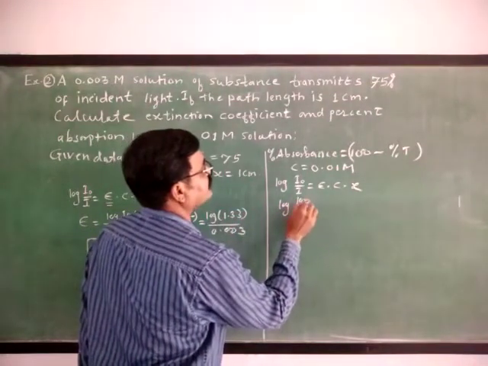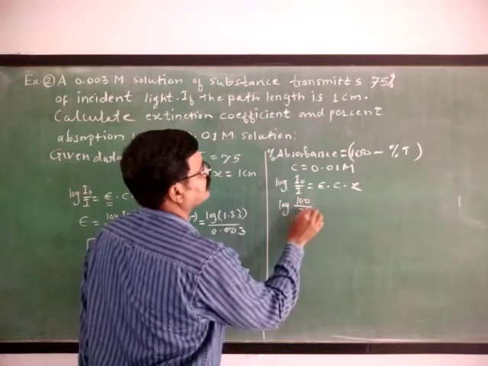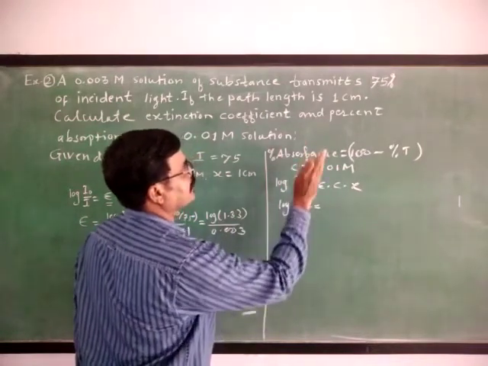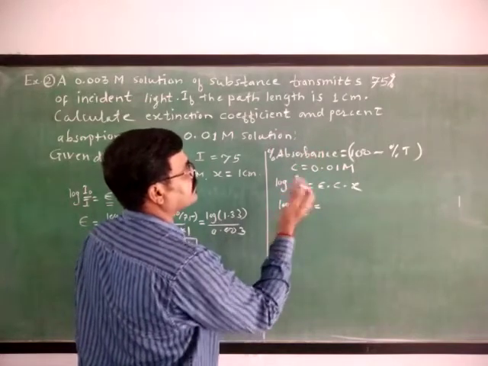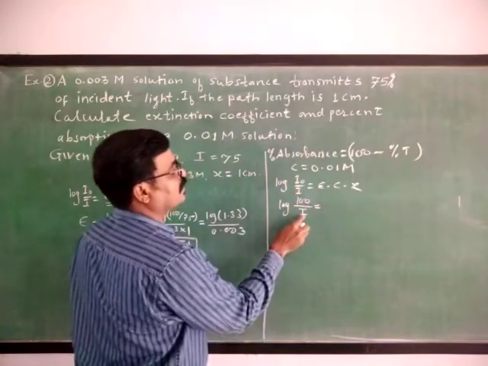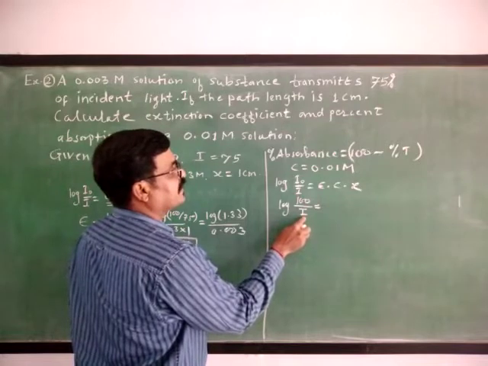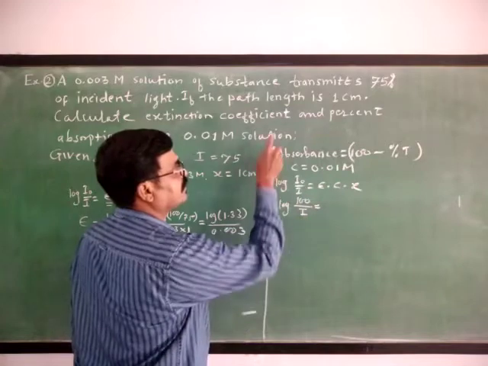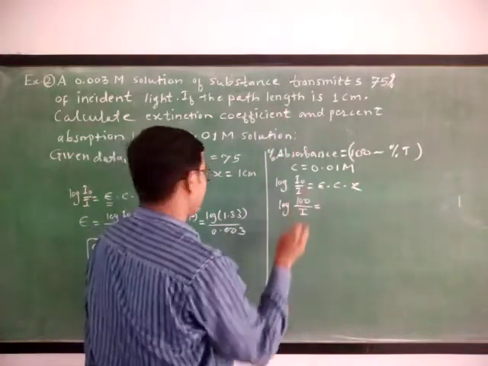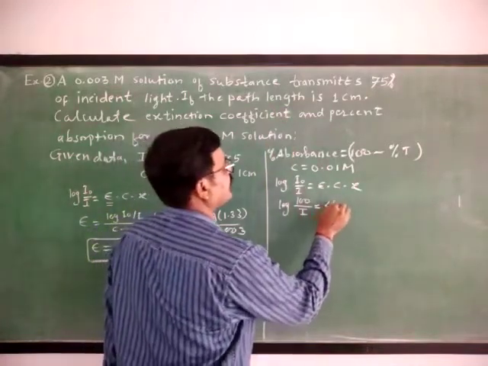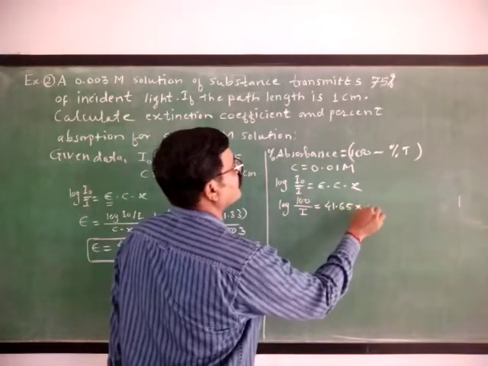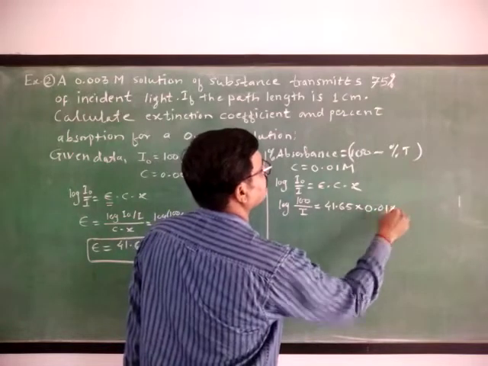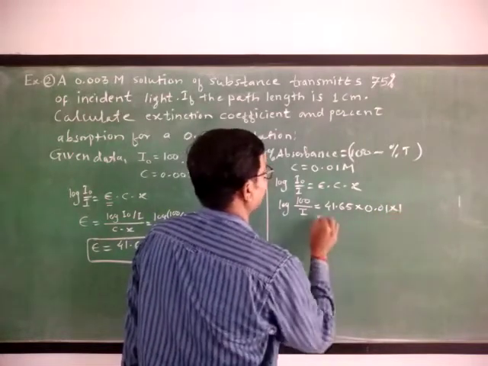Now the intensity of transmitted light remains I. In the second part you have to calculate the percent absorbance, which means you first have to calculate the percent transmittance. After that, subtract this percent transmittance from 100 and you will get the percent absorbance. Now epsilon we calculated as 41.65, concentration is 0.01, and x is the same path length, that's why 1 centimeter.